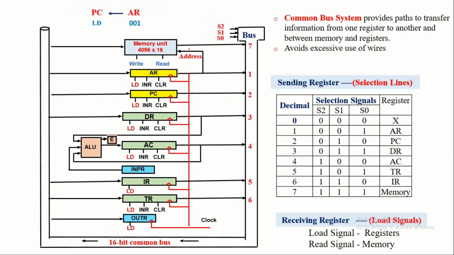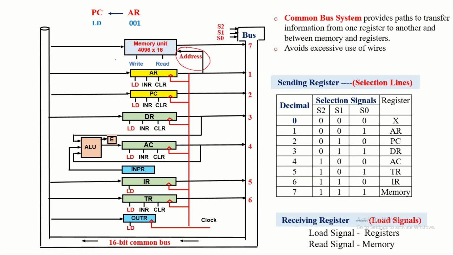One more important point to be discussed here is that in this diagram, the line from the address register is permanently connected to the memory unit. Since we know that instructions as well as operands are stored in the same memory unit, whenever a particular instruction or operand is read or written to the memory unit, in both cases the memory location needs to be known.